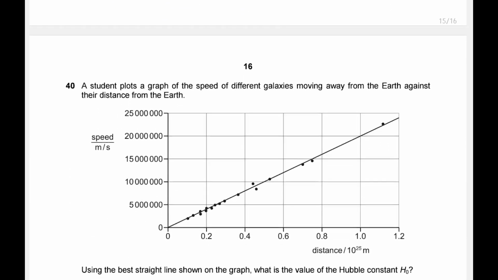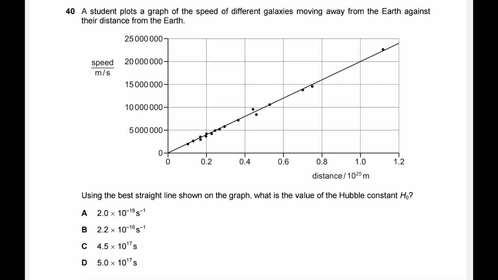Number 40. A student plots a graph of the speed of different galaxies moving away from the Earth against their distance from the Earth. Using the best straight line shown on the graph, what is the value of the Hubble constant H0? Okay, so the value of the Hubble constant is basically the gradient of the graph.